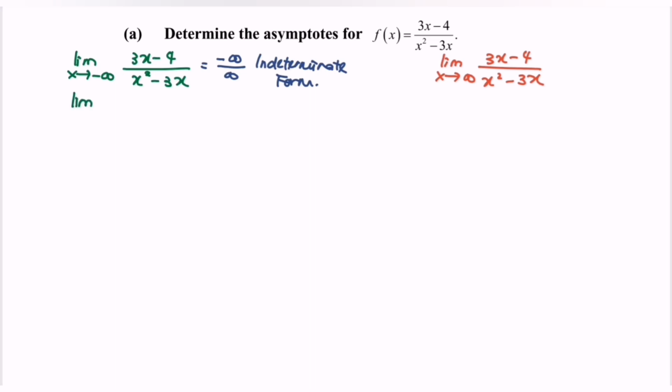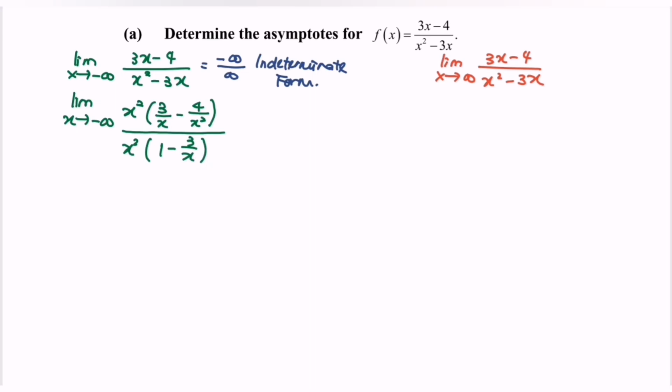So for the limit when x approaches negative infinity, we factor out x squared. We have x squared times (3 over x - 4 over x squared), over x squared times (1 - 3 over x).